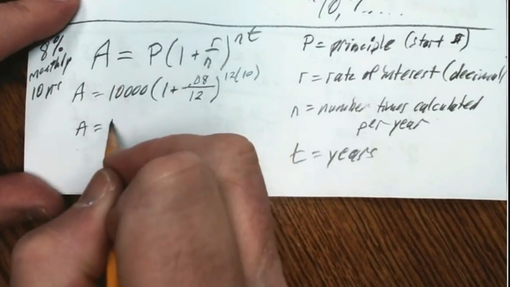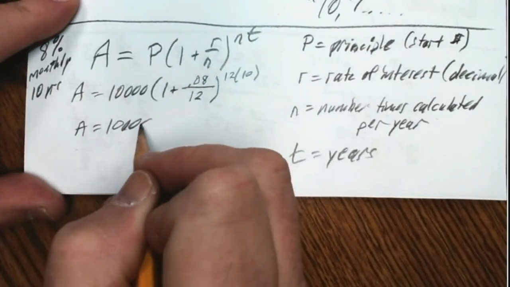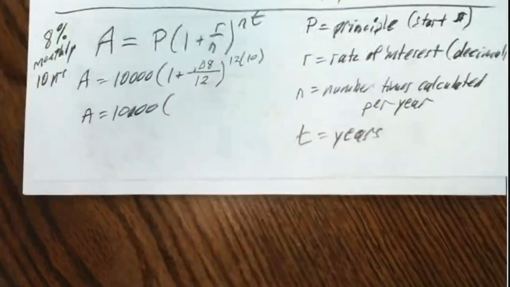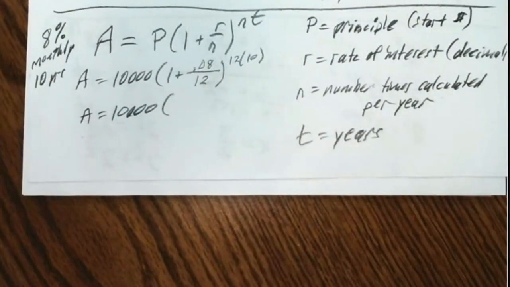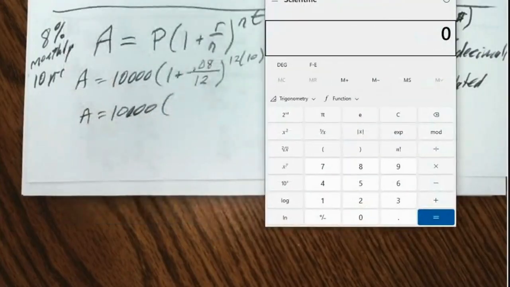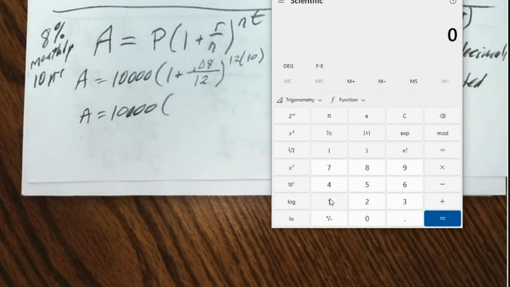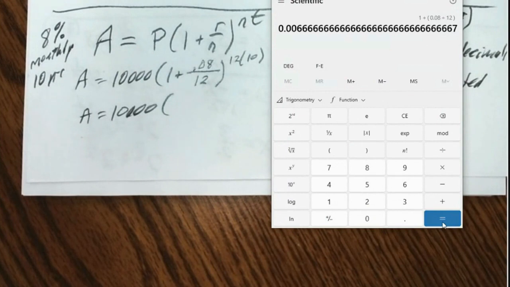A equals 10,000 times 1 plus 0.08 divided by 12. Well, let's pull out our calculator again for that. 1 plus, and I'm going to put this in parentheses, 0.08 divided by 12, close parentheses, equals.